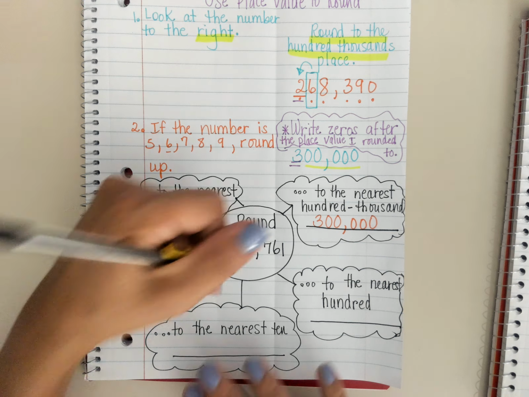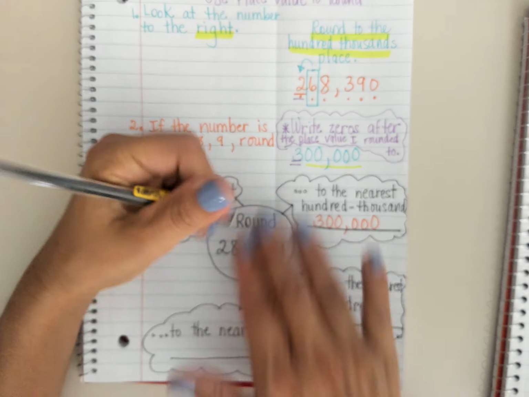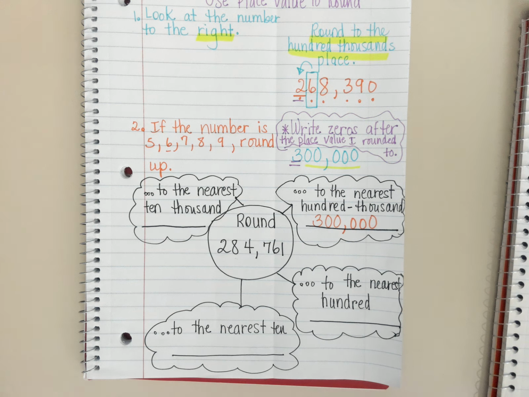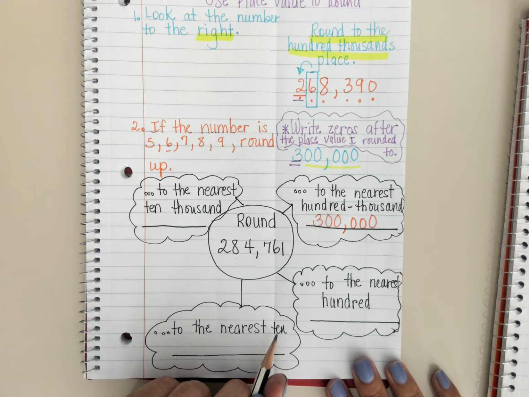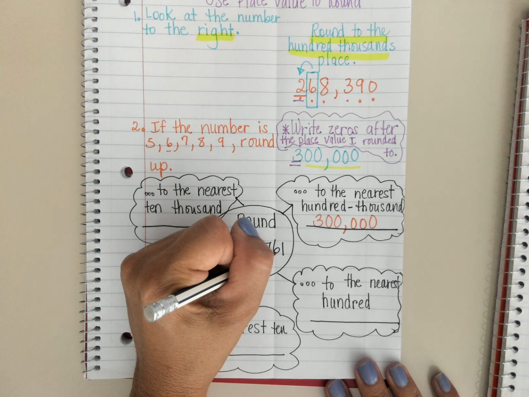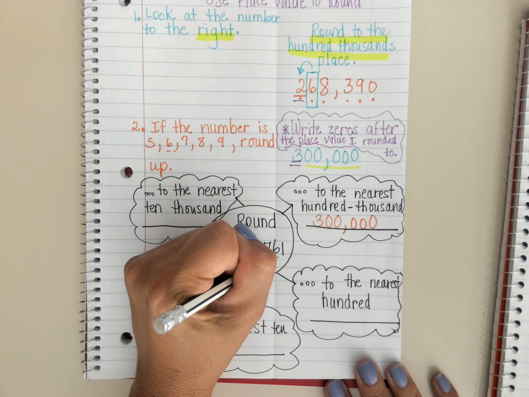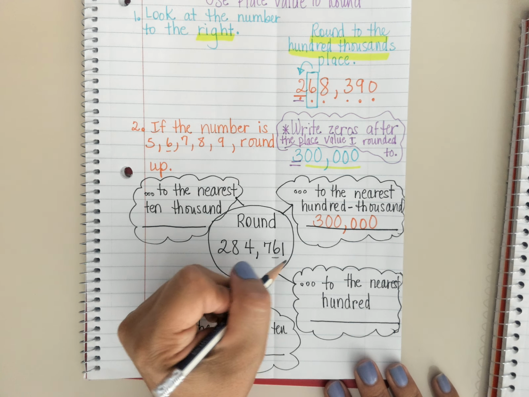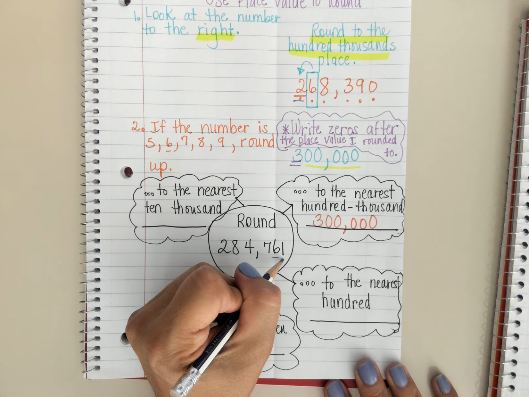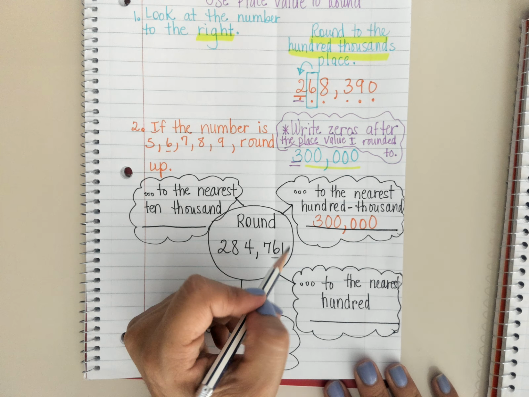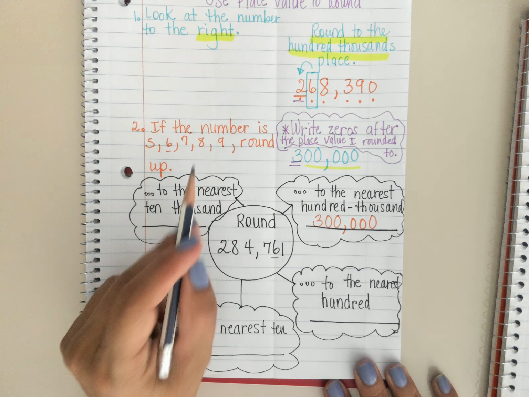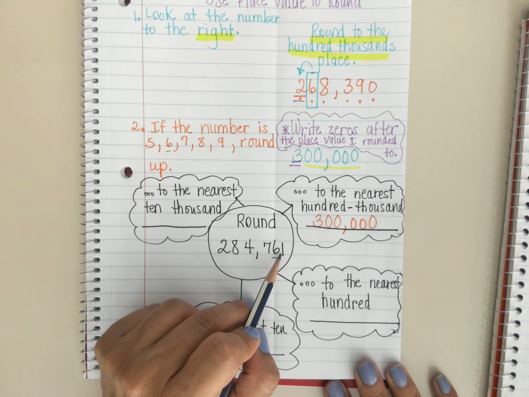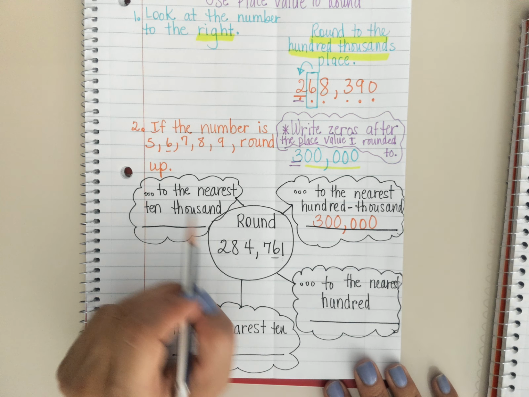Since I'm not using a whiteboard, I'm going to erase. And I'm going to do this one. Let's round to the nearest 10. That means I go to the tens place. I look at the neighbor to the right. If the number is not one of the large numbers, it is 1, 2, 3, or 4, you round down.